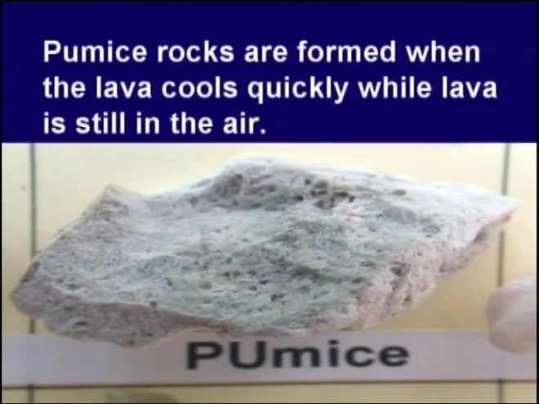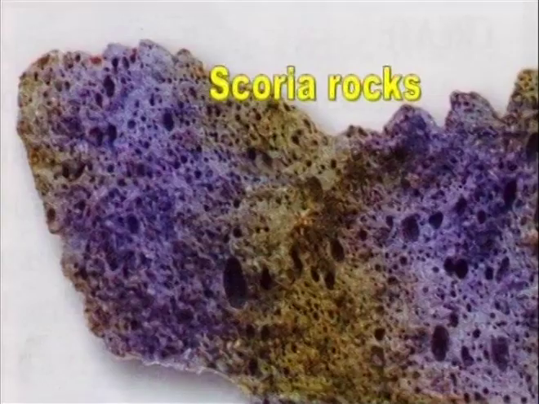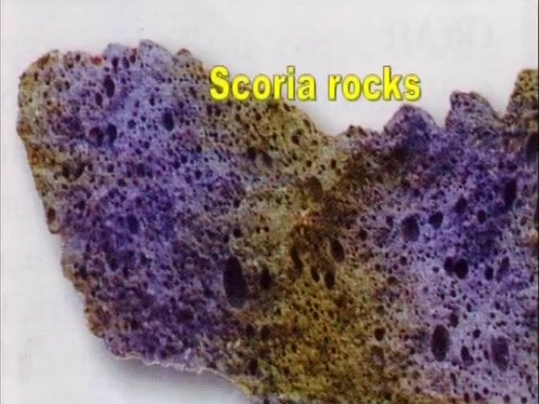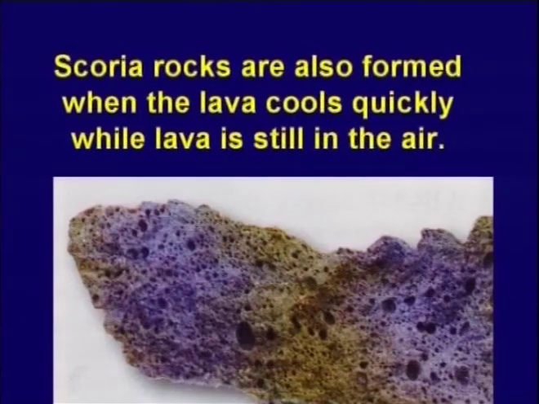I hope as we are going through, you are having a good look at those different types of rocks, class and the receiving students. Now the next rock also formed while the lava is still in the air is scoria rock, and that is how it looks. Scoria rocks are also formed when the lava cools quickly, the same way as pumice rocks.